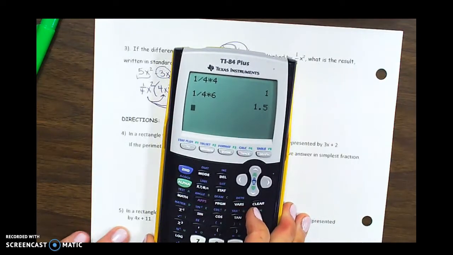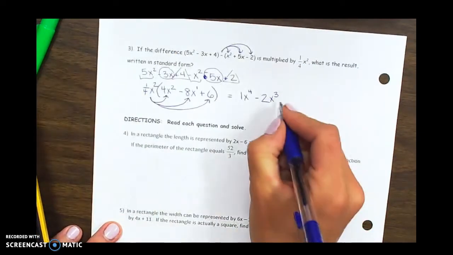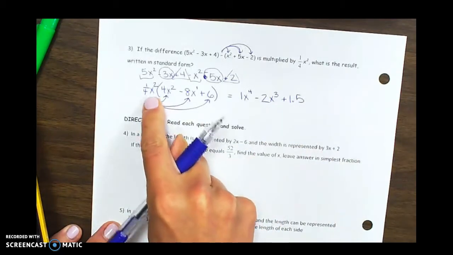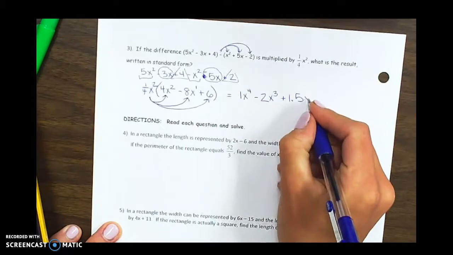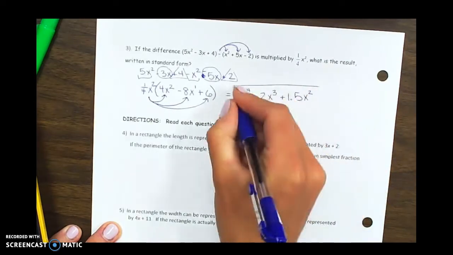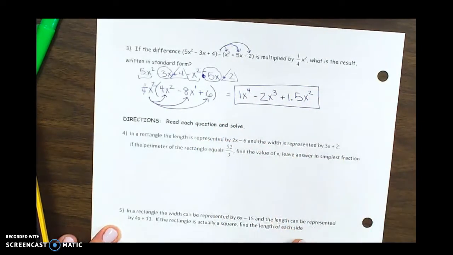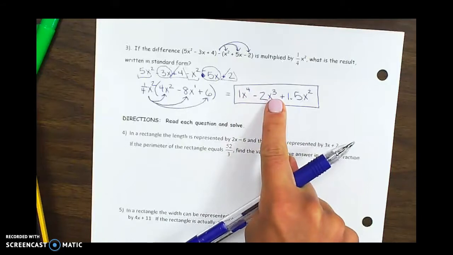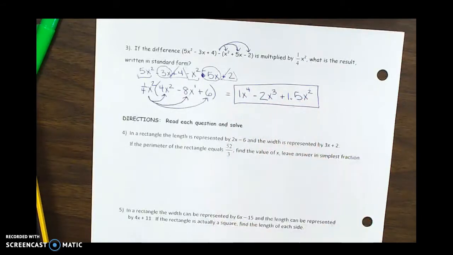Since it is a rational decimal, we can go ahead and write it out. So plus 1.5. Now x squared, there's no x there, so it just stays the same, x squared. And with that, we've got our solution. Now standard form means highest power, lowest power.